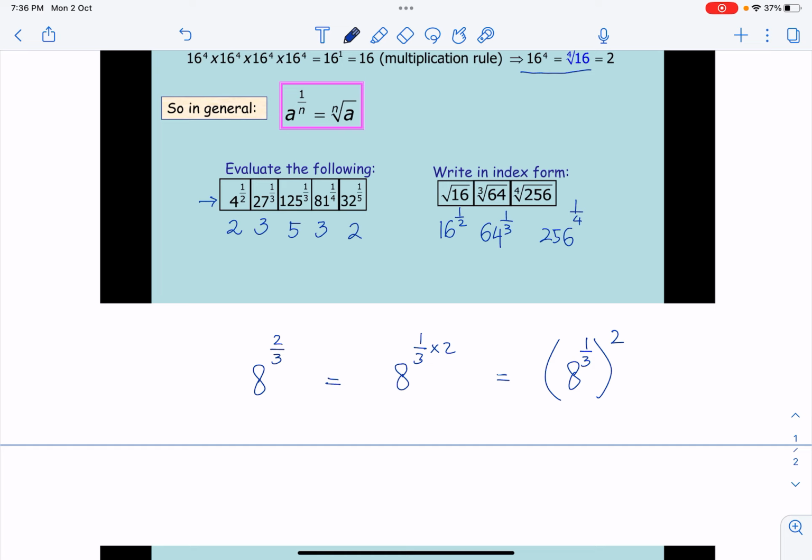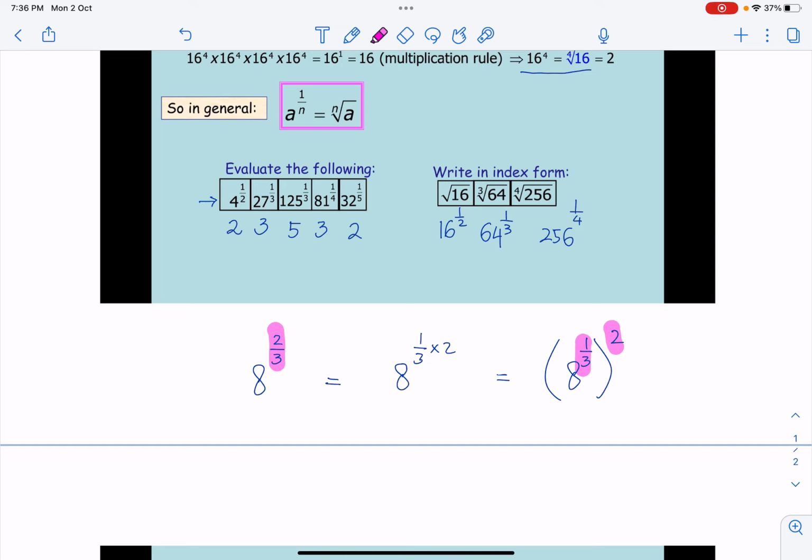So in that sense, now you can see that when you have power 2/3 here, the denominator gives you the cube root, and then the numerator means that you still have to raise that number to that power.